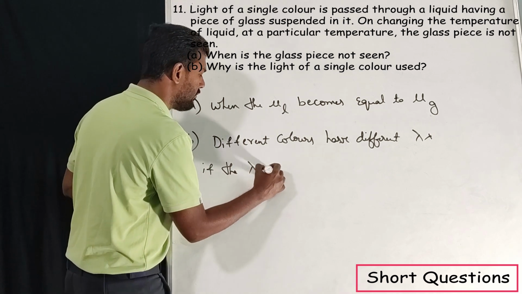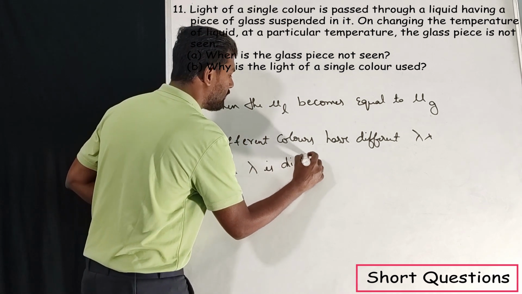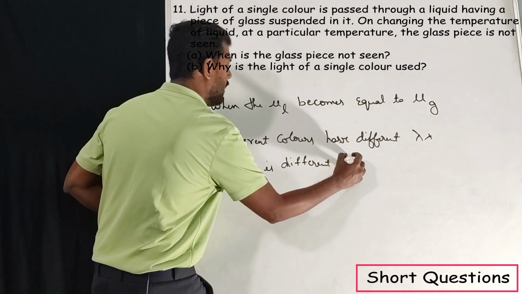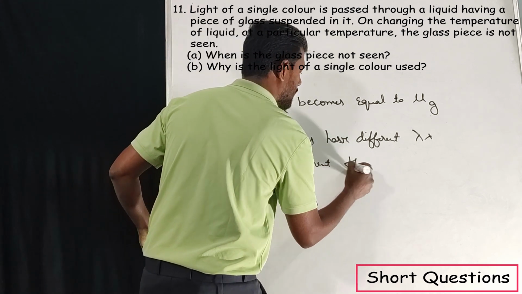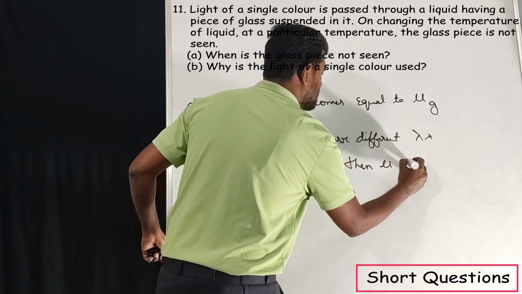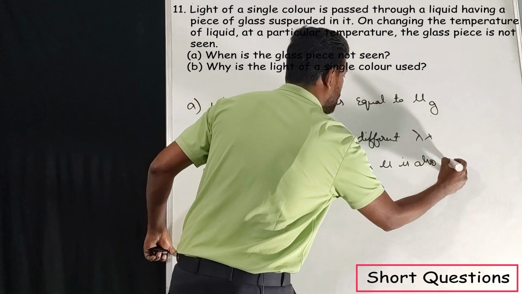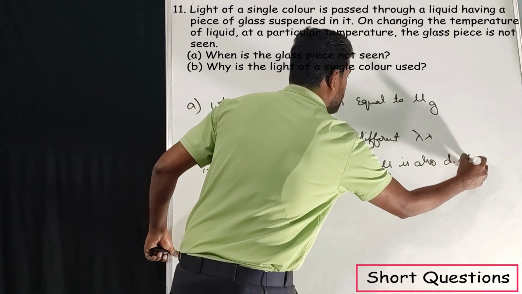If the wavelength is different, then refractive index is also different.